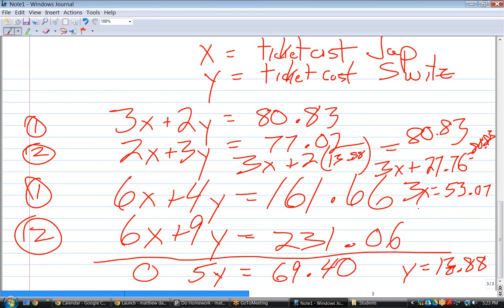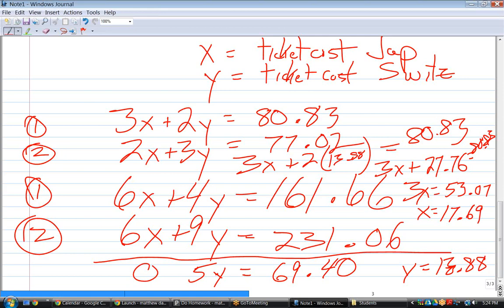And I get x equals 53.07 divided by 3, 17.69. And I'm comforted by the fact that that didn't have a bunch of digits after it.